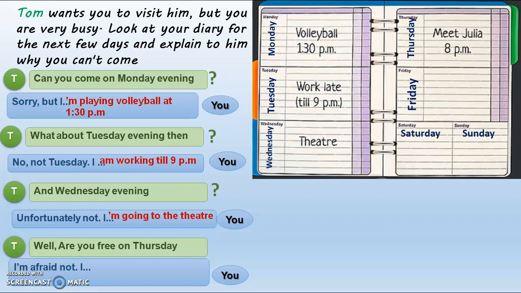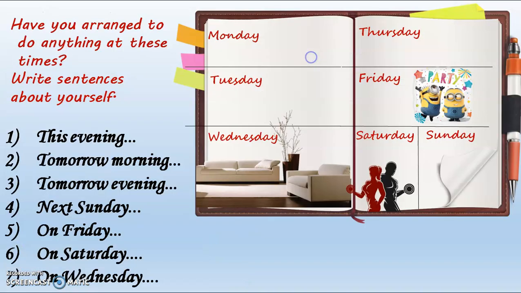I'm going to the theater. Well, are you free on Thursday? I'm afraid not. I'm meeting Julia. So he uses present continuous or progressive talking about future personal arrangements.